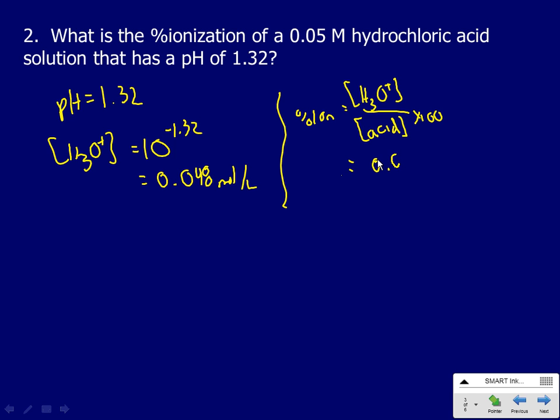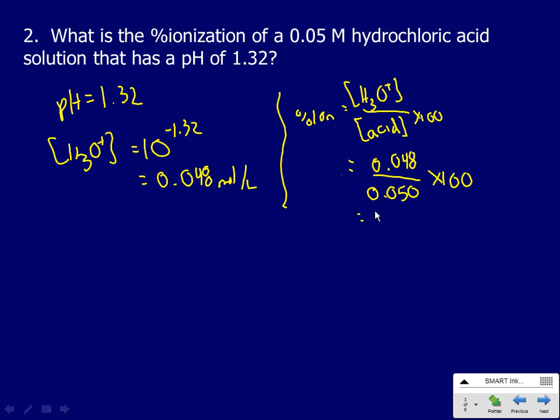We had 0.048 moles of the H's fall off. That's what the pH told us. We have 0.05 molar hydrochloric acid, times 100. Actually, that's only one significant digit, so I'm going to put an extra 0 on the back end. Let's have the percentage to 2 significant digits.